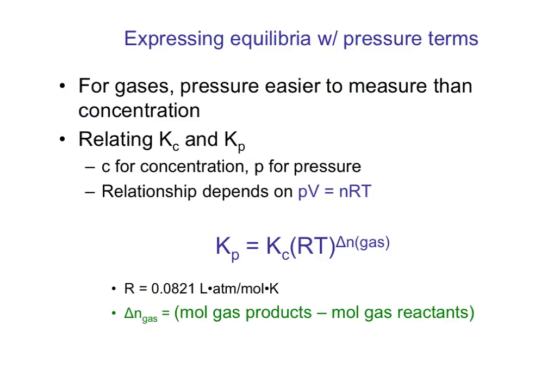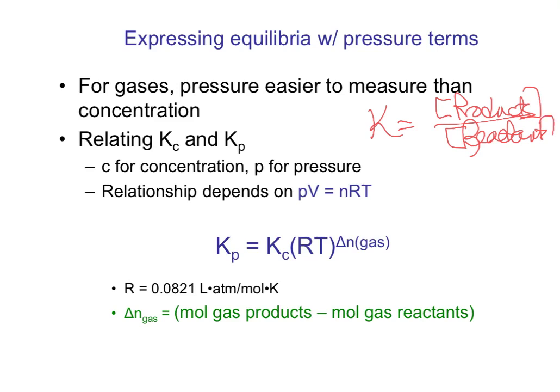Two more slides. Real quickly, we've talked about K in terms of concentrations, so products over reactants, right? Now, they can also be in terms of pressure if the reactants and products are gases, or if you have even one gas as a reactant or product.